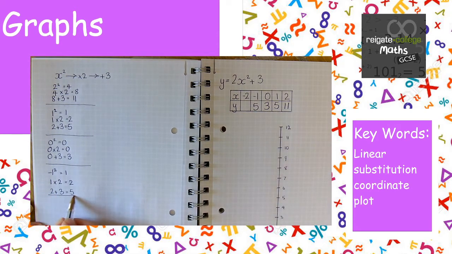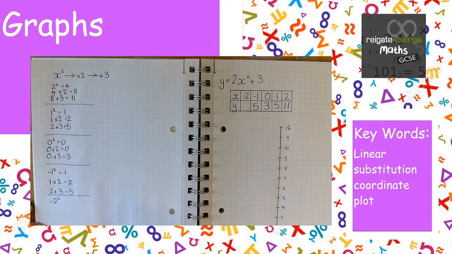And the last number I've decided to substitute is minus 2. Minus 2 squared is a positive value of 4. 4 multiplied by 2 is 8. 8 add 3 gives me a value of 11.